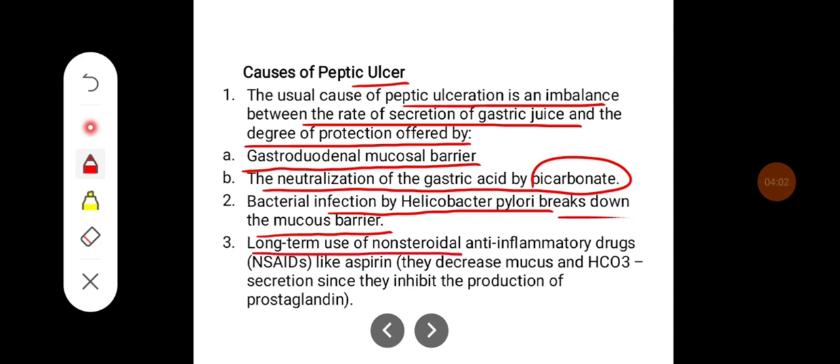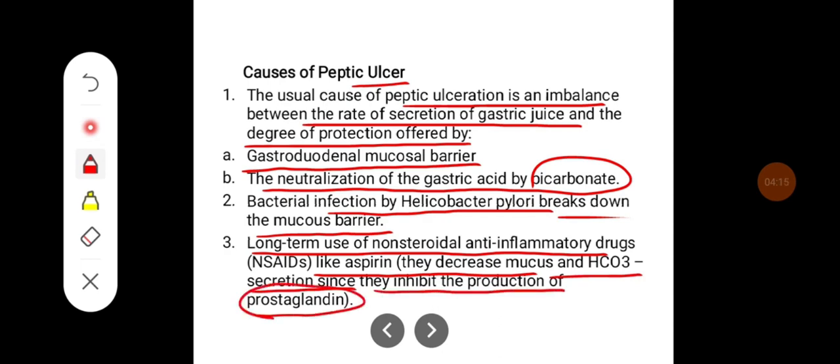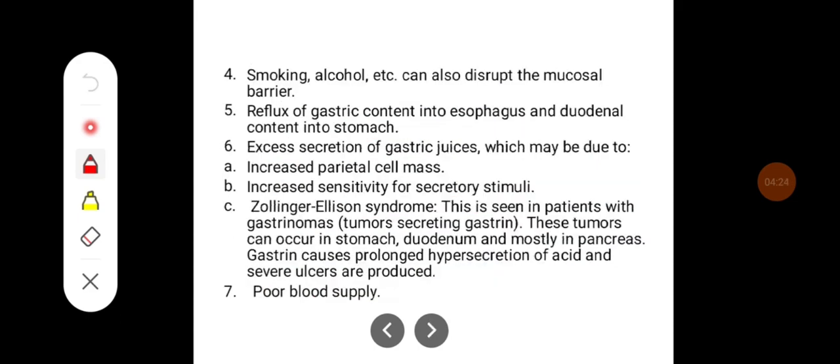Long-term use of non-steroidal anti-inflammatory drugs like NSAIDs and aspirin decreases the mucus and bicarbonate secretion, since they inhibit the production of prostaglandins. Smoking and alcohol can disrupt the mucosal barrier. Reflux of gastric contents into the esophagus and duodenal contents into the stomach can lead to ulceration.